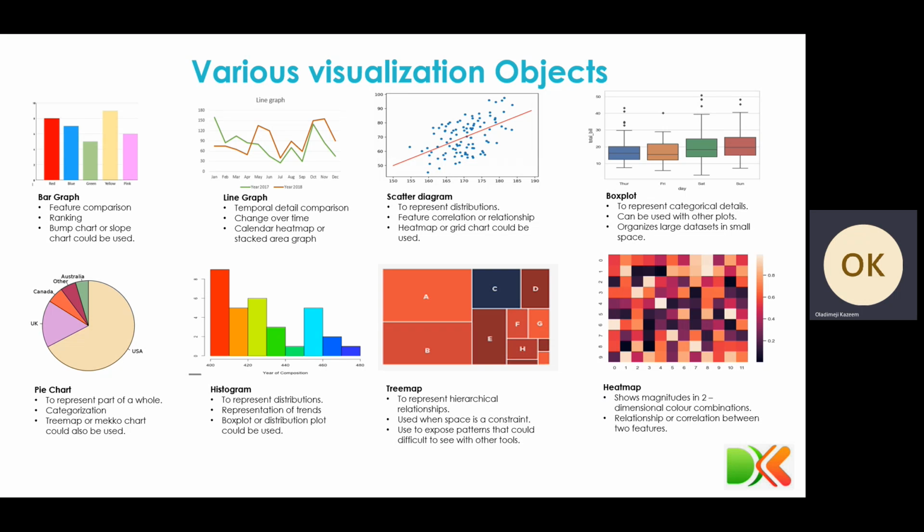When you talk of a bar graph, you want to see how some categorical data are performing. What we put in place in such a situation is to use a bar graph. It allows us to put them together, compare the features in the data, and rank them.